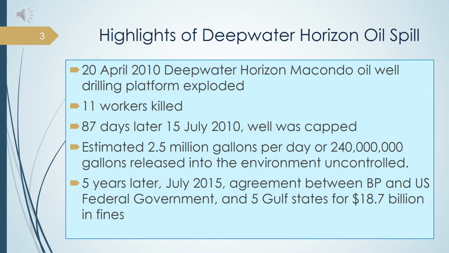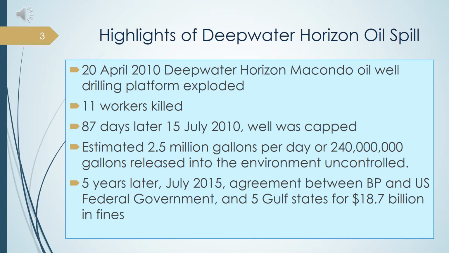Again, just a few highlights of the Deepwater Horizon spill in case you are watching this one before the first one. So again, it happened on April 20, 2010. The Deepwater Horizon Macondo oil well drilling platform exploded. 11 workers were killed. 87 days later, on 15 July 2010, the well was finally capped.